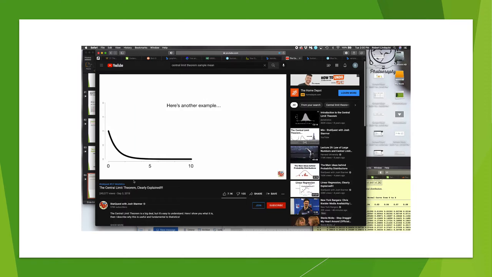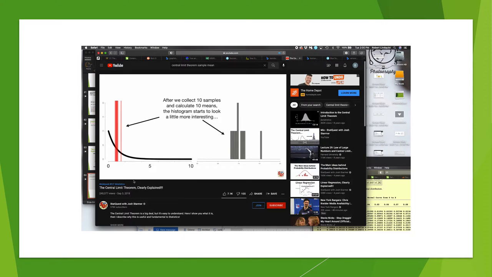Bam! Here's another example. This time, we'll start with an exponential distribution. Just like before, we can collect 20 random samples from this exponential distribution. And just like before, we can calculate the mean of the 20 samples. And lastly, we can draw a histogram of that mean over here on the right. After we collect 10 samples and calculate 10 means, the histogram starts to look a little more interesting.